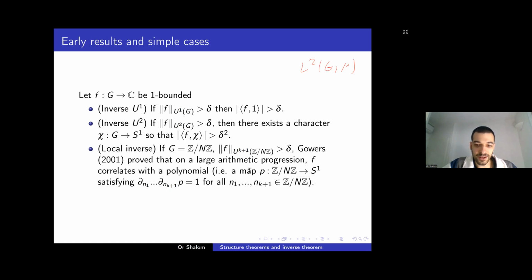Here we take advantage of the fact that we have derivatives, so we can define a polynomial function as a function of degree k if all k plus 1 derivatives kill it. Polynomials of degree 0 are constants, polynomials of degree 1 are characters, and in general, they look like e to the 2 pi i times some polynomial.